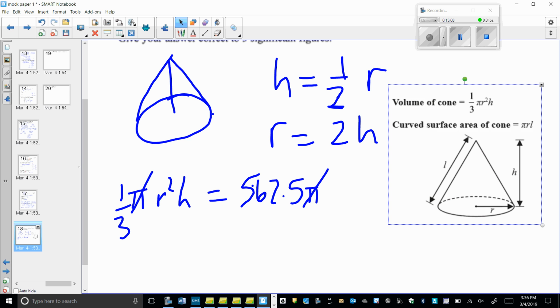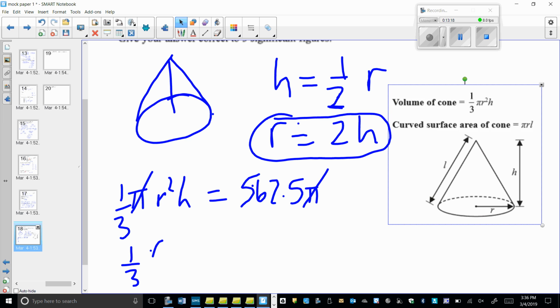So 1/3 r squared h is 562.5. But if I know that r is equal to 2 lots of the height, then I can say 1/3 bracket 2h squared is equal to 562.5. So all I've done is substituted this information into my formula for the volume of the cone.